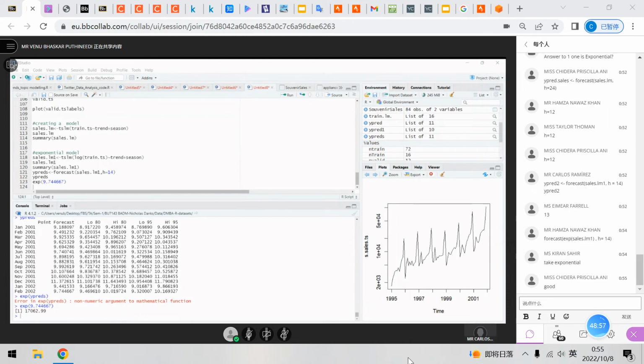Yes, great. So finally, the last question: which model would you prefer? The TSLM model, the regular model, or the model with log? Which model would you go for? And why?